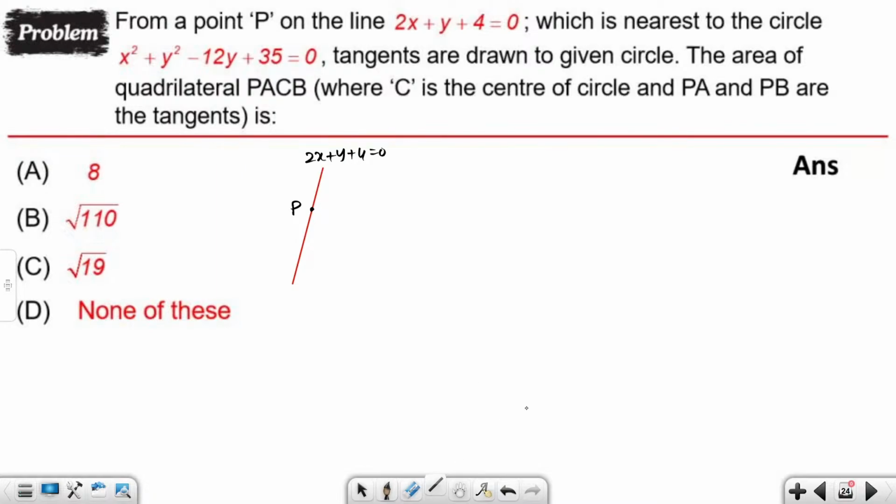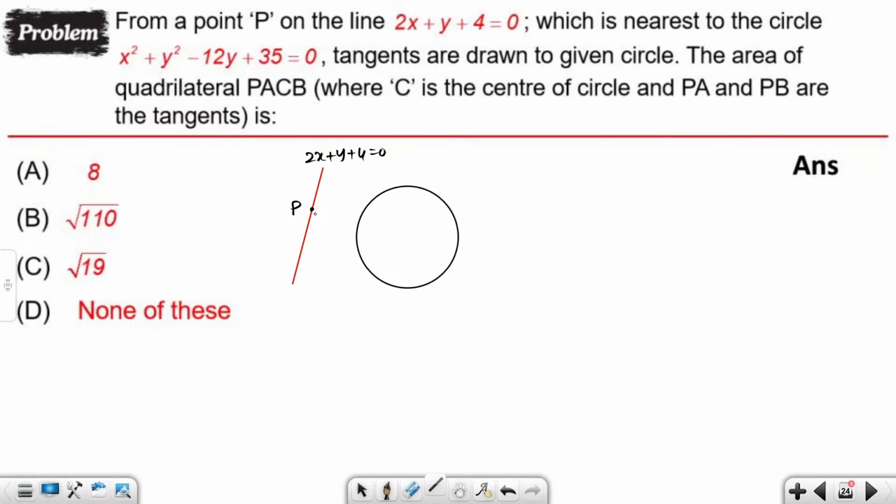One circle is given to us, and they have said P is such a point which is nearest to this circle. Now, where does this P lie? Can you tell me?